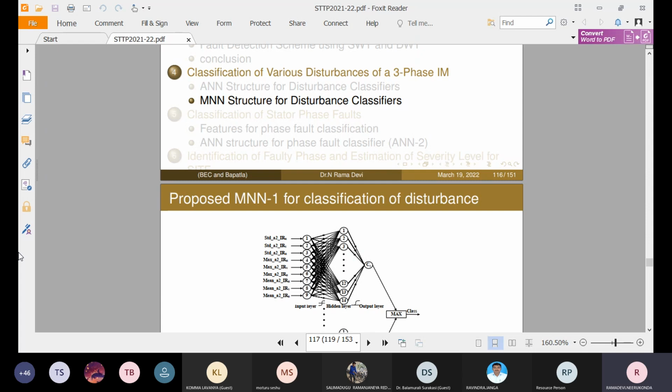Coming to the MNN structure, this MNN is a modular neural network. The network is divided into different modules as per the requirement of classification.